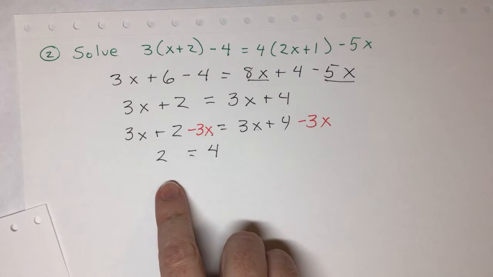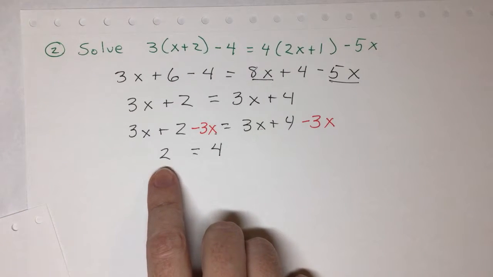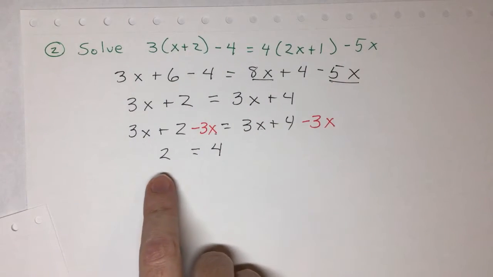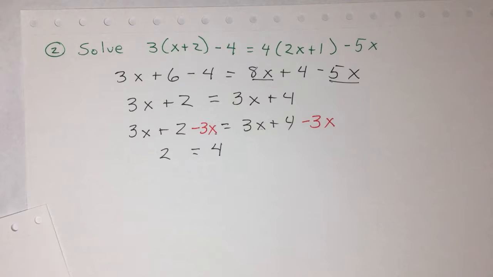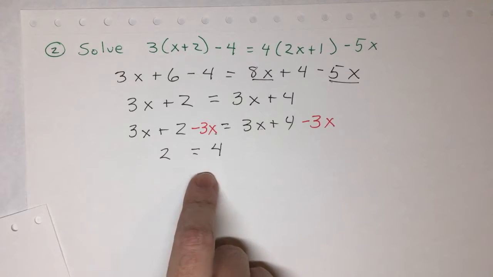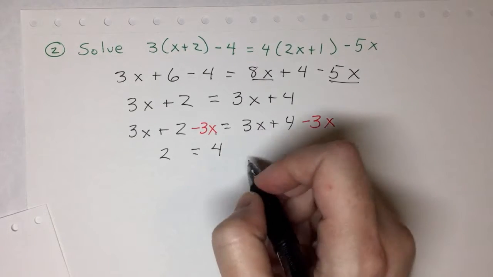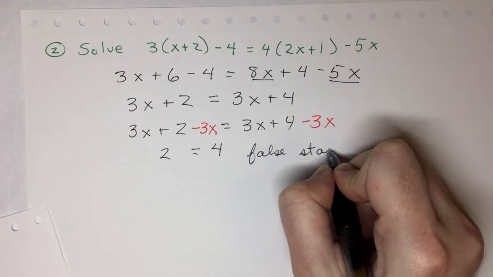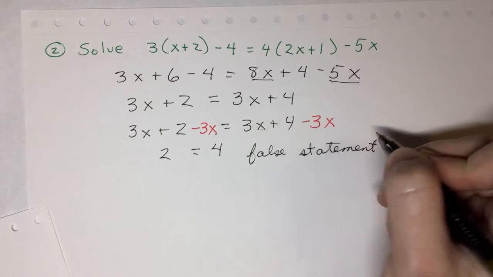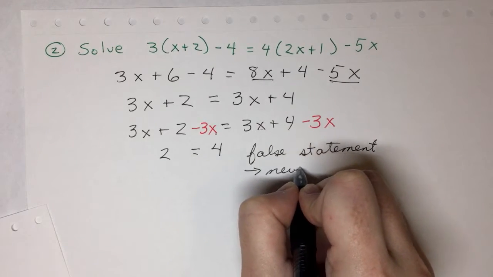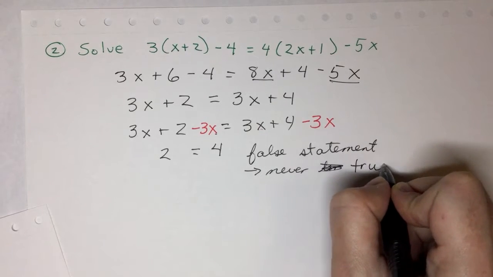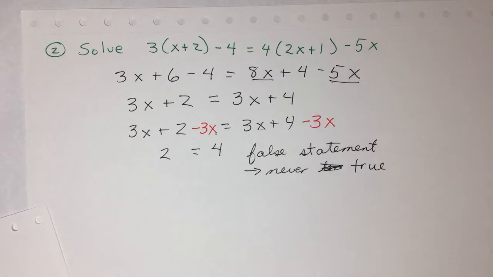For the second one, if you think about this, what number can I plug into the original equation that will make 2 equal 4? Well, 2 equals 4 is never true. So 2 equals 4, I've got a false statement, something that is never true.